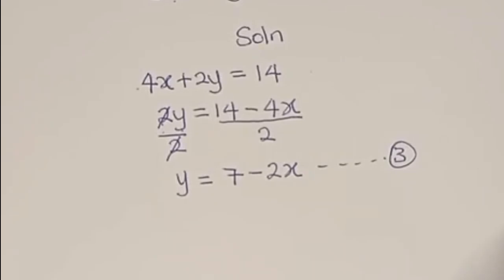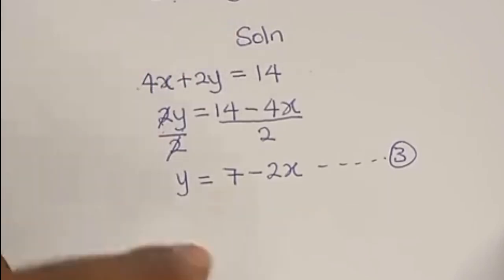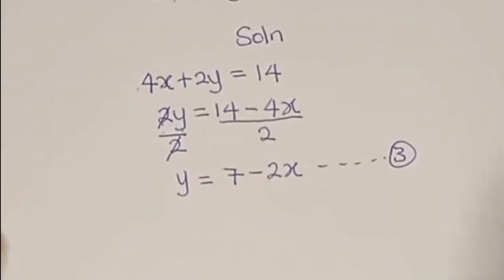The next thing we're going to do is substitute the value of y in equation 3 into equation 2. Remember, we started with equation 1, therefore we are going to substitute into equation 2. If we started with equation 2, we would have substituted into equation 1. Substitution means wherever I see y in equation 2, I'm going to remove the y and put 7 minus 2x. So let's do that.